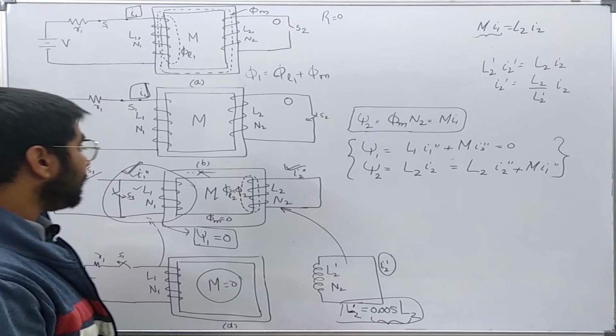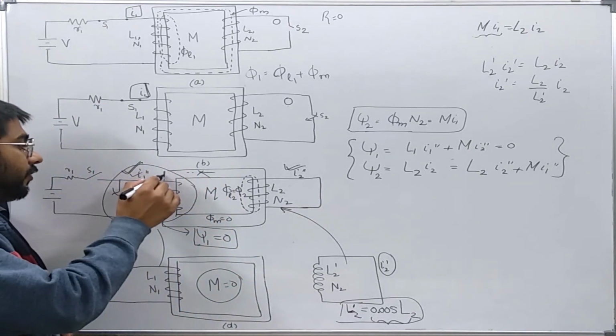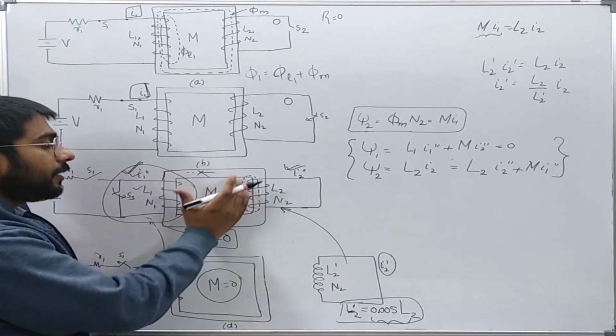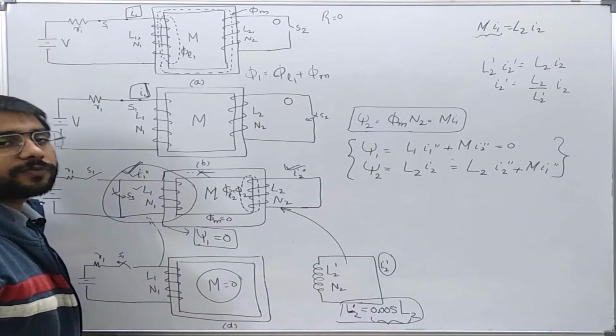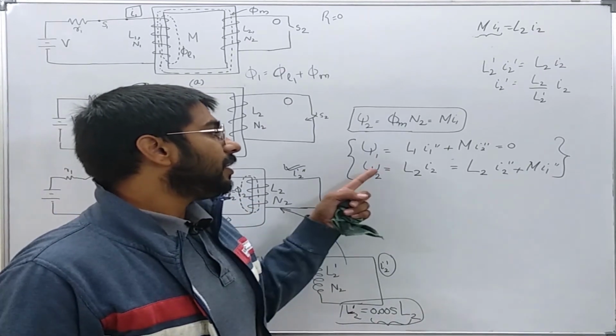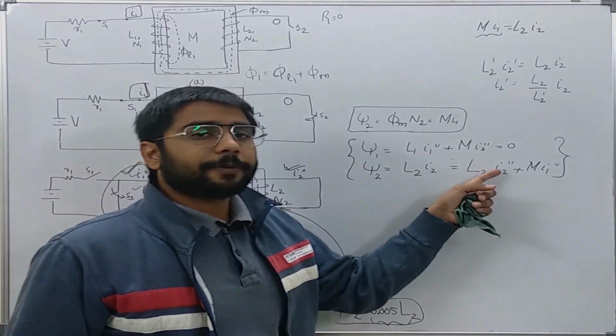So in this way the current induced in the primary will be such that it will drive away all the mutual flux, and all the flux will be just leakage flux for the secondary winding. Now in the next slide we will try to find the expression for I1 double prime and I2 double prime.